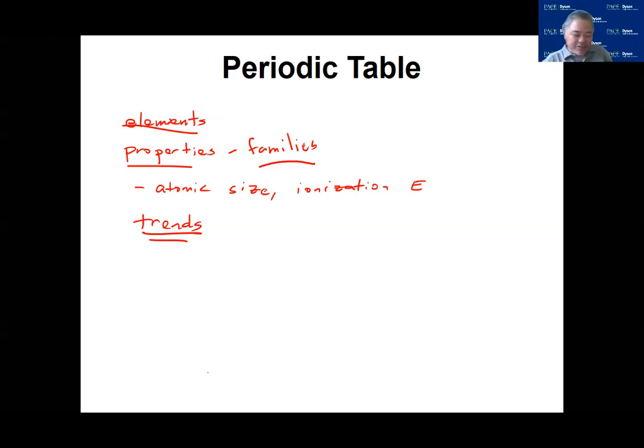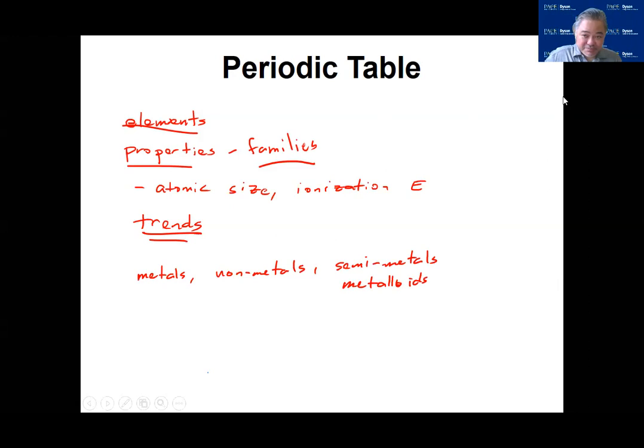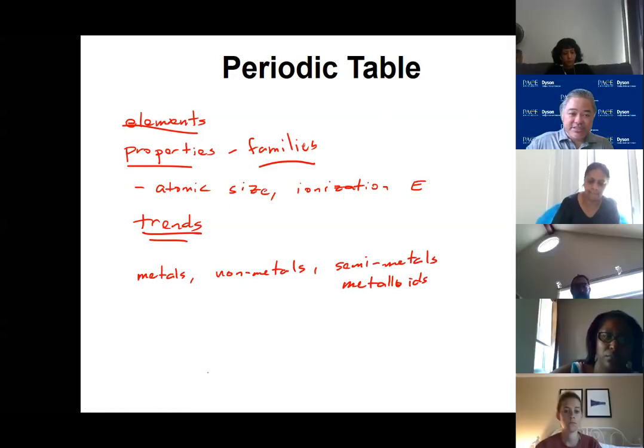And you can also have words like metals, non-metals, and the semi-metals, or metalloids. So those are just some of the things that are associated with the periodic table.